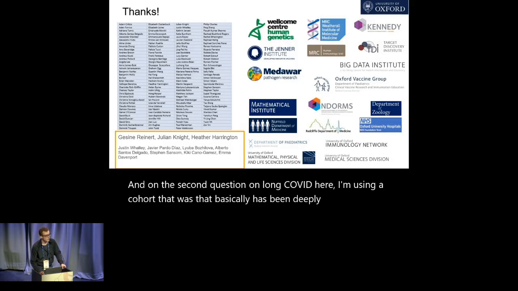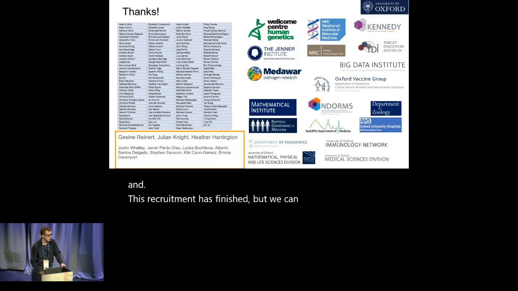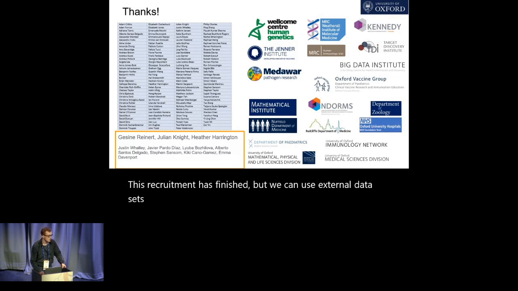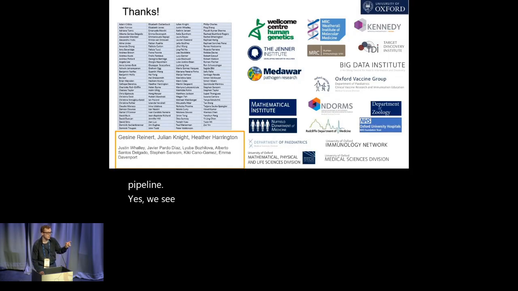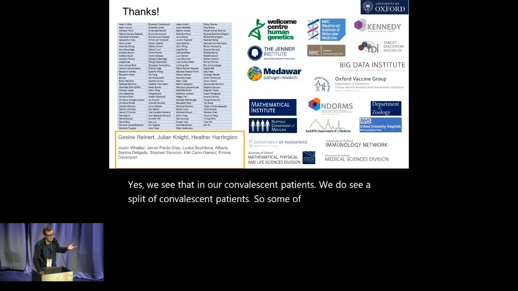But we can use external data sets, and there are long COVID data sets that could be included in this pipeline. Maybe using embeddings would help with projecting the external data set. Yes, we see that in our convalescent patients. We do see a split of convalescent patients, between patients who seemingly recovered.